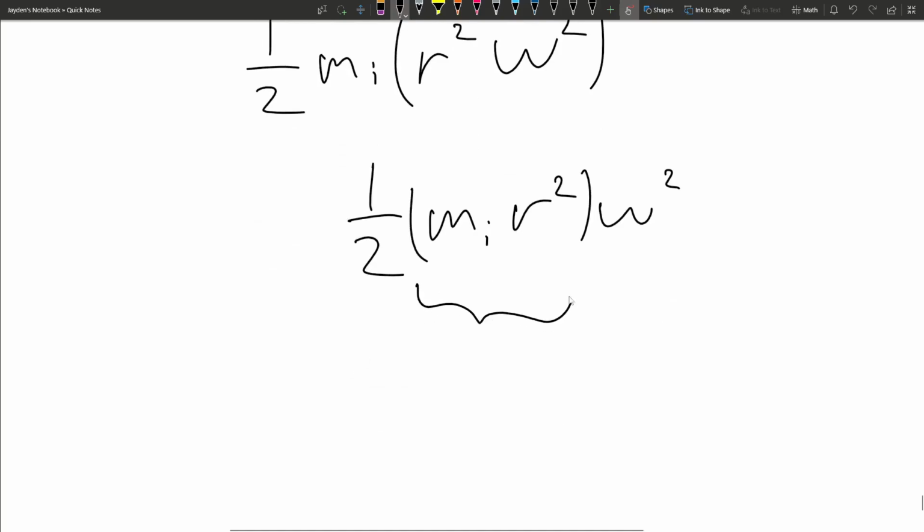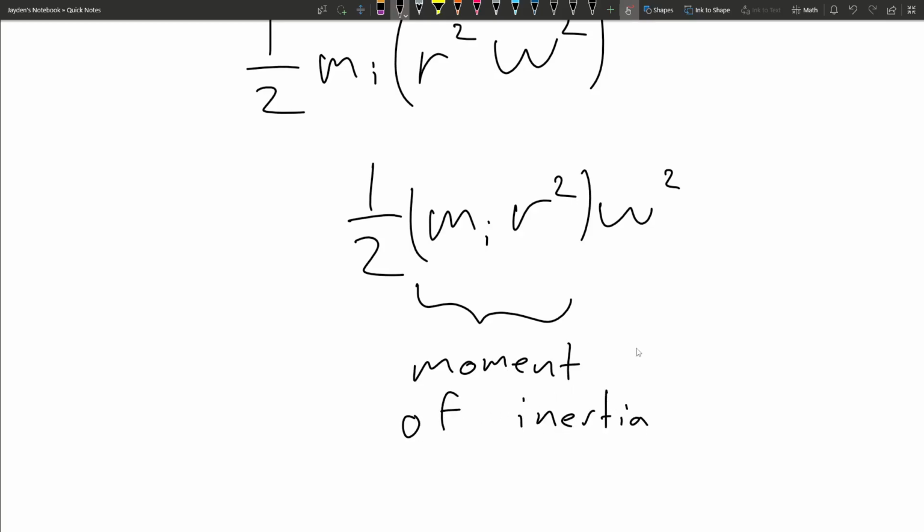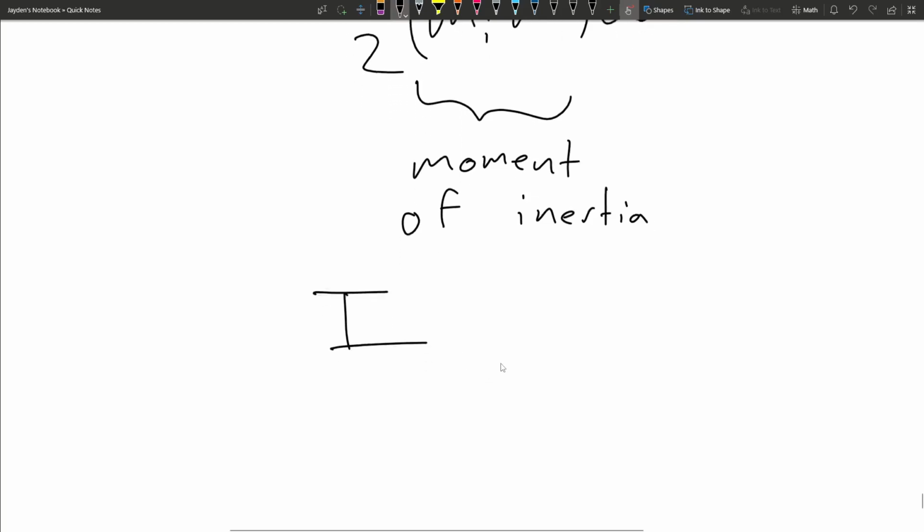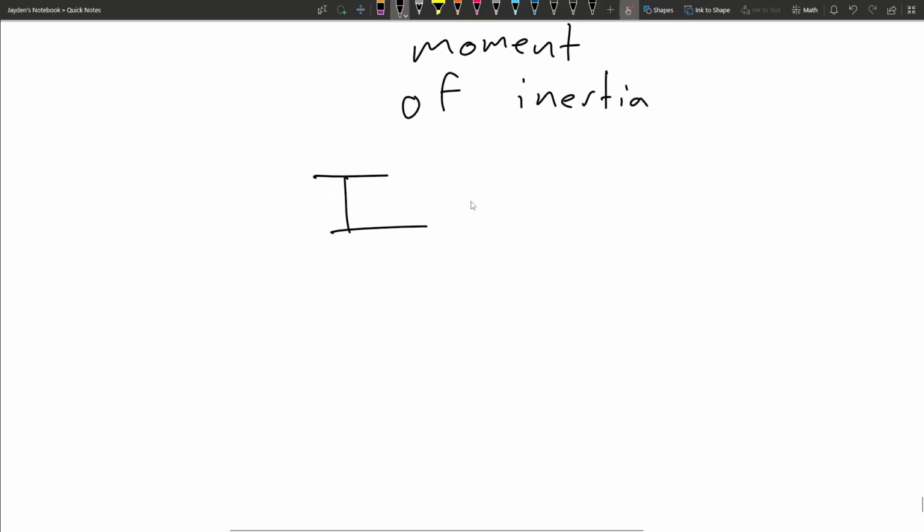This is the moment of inertia for a particle, also known as the rotational inertia, and we represent this with the letter I. So for any point mass, the moment of inertia is m r squared.